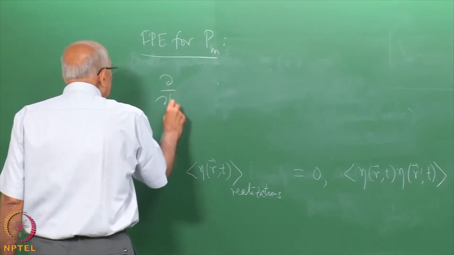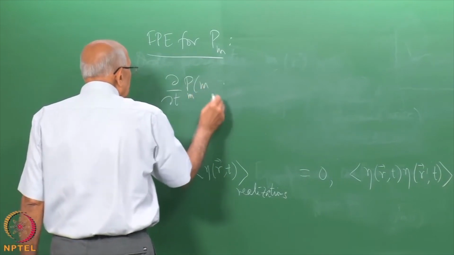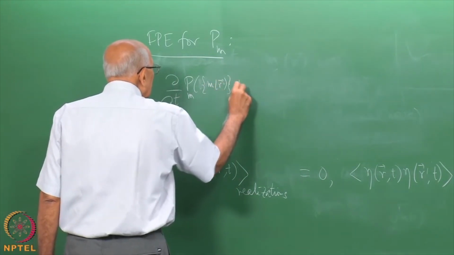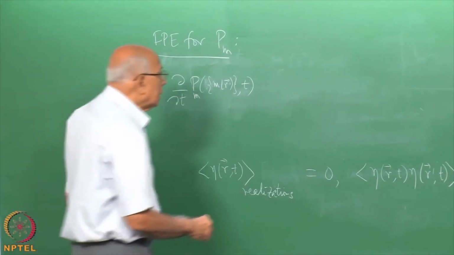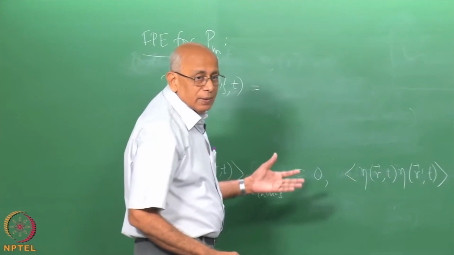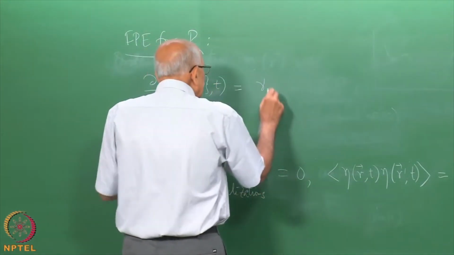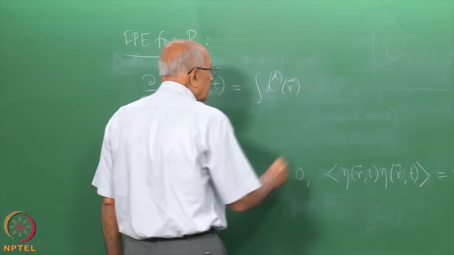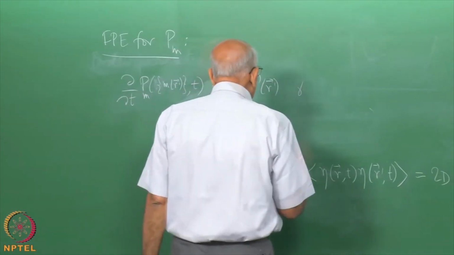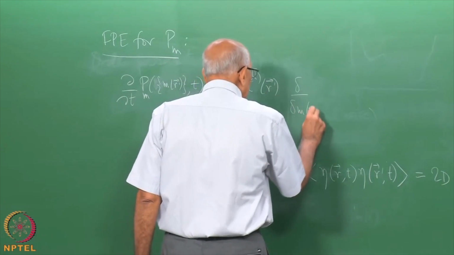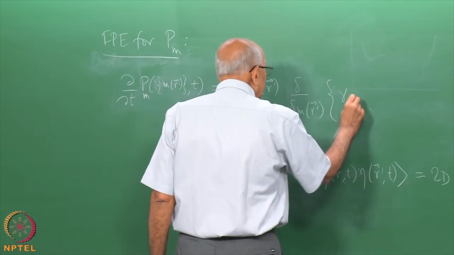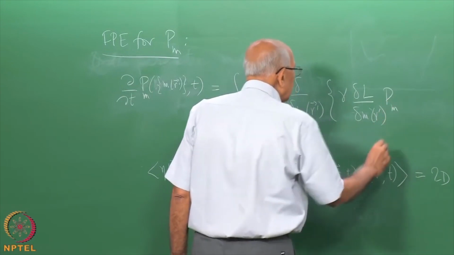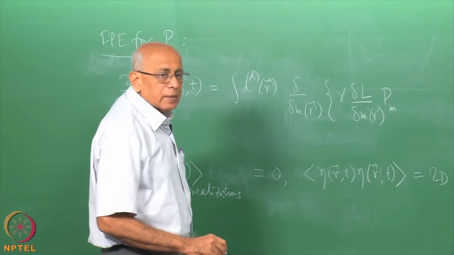So you have delta over delta t of P_m of a configuration at any time t, this quantity is equal to, not surprisingly you are going to get gamma times integral d r prime times gamma times, that is the drift term.